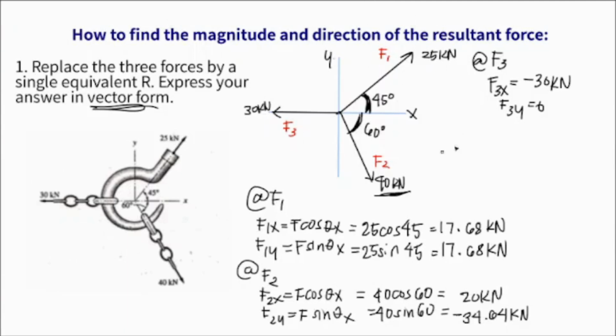Let's add them up to find the resultant x and y components. We add all the x components and all the y components.